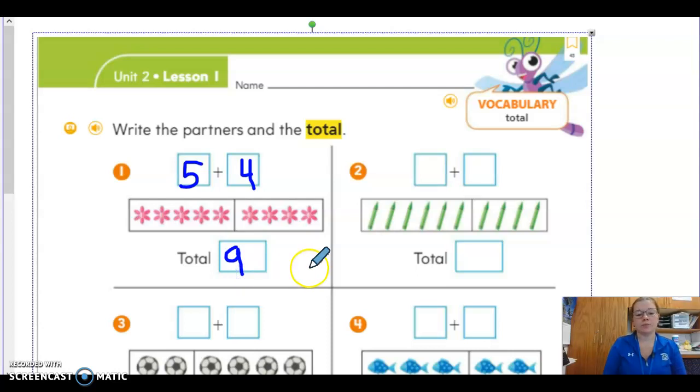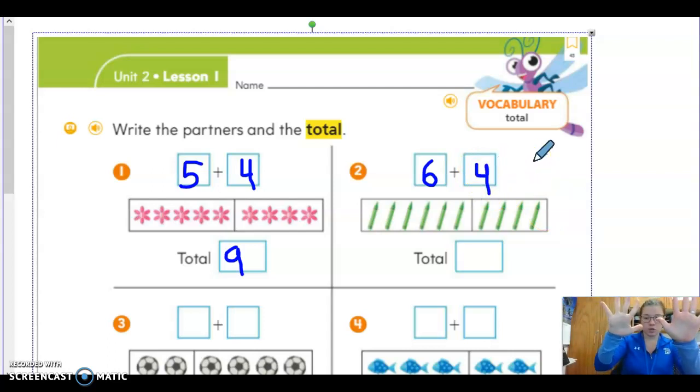Let's try another one together. We have 1, 2, 3, 4, 5, 6. First partner is 6. Break apart, which means plus. 1, 2, 3, 4. 6 and 4 partner together to make, well, we could try our fingers, 6 and 4. We could count them all, 1, 2, 3, 4, 5, 6, 7, 8, 9, 10.